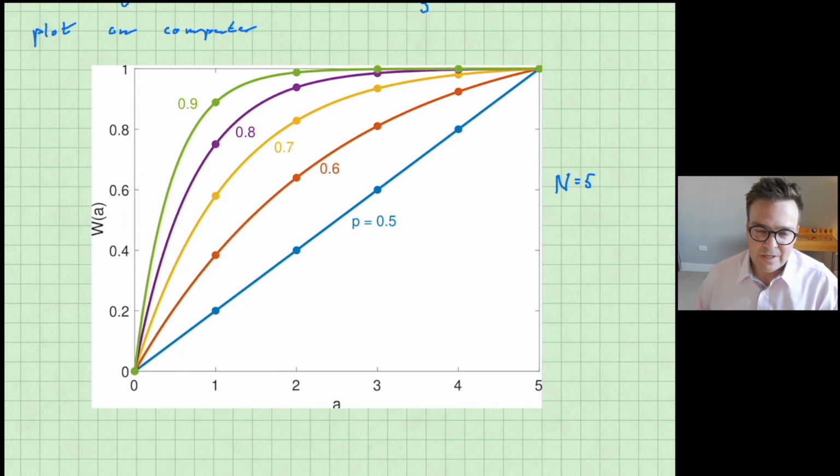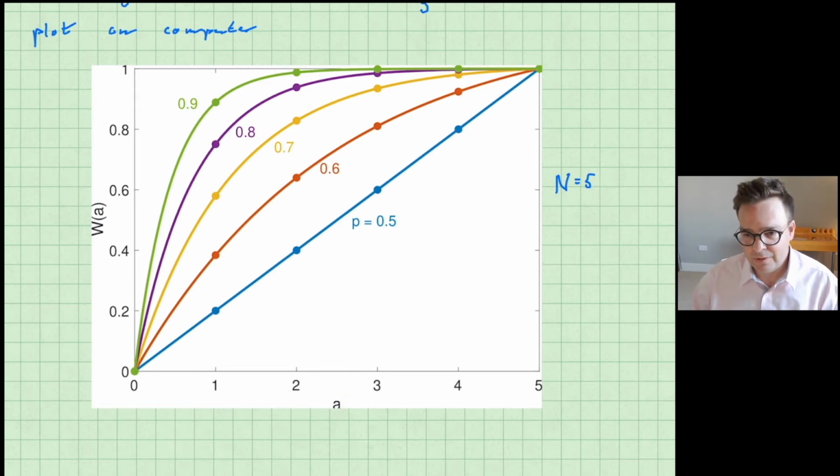And I really should add that these curves are not really curves. They should actually just be a finite collection of points. What I mean by that is the probability of A winning could in principle be anything, but it has fixed values that are possible, limited by A. A can only be discrete numbers of coins, right?